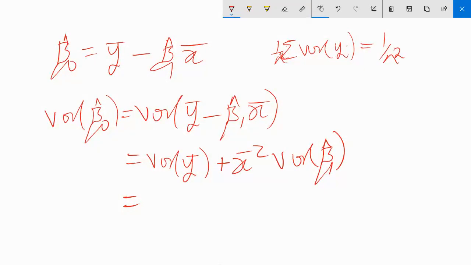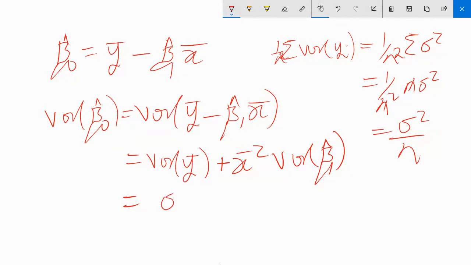So we'll have 1 over n squared multiplied by the sum of sigma squared. The summation here will give us n sigma squared. And this will cancel and we'll be left with sigma squared over n. So we can replace here by sigma squared over n plus x bar squared.